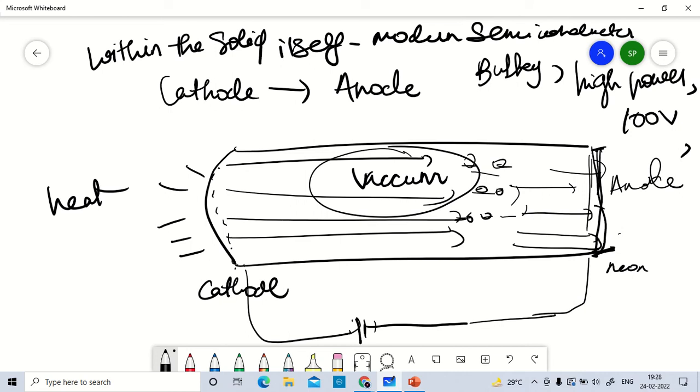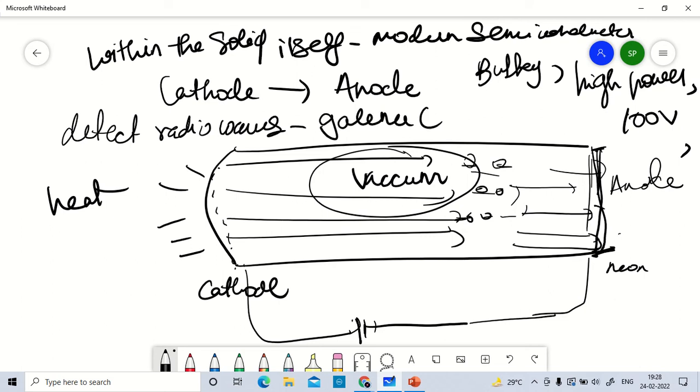Before the full implications of modern semiconductor devices were formally understood, we used to detect radio waves through a naturally occurring crystal known as galena, which is nothing but lead sulfide, with a metal point.